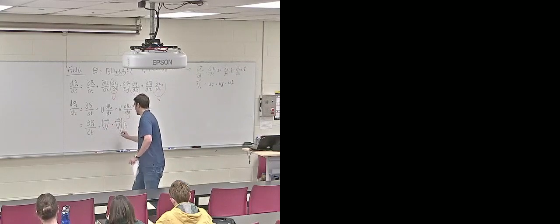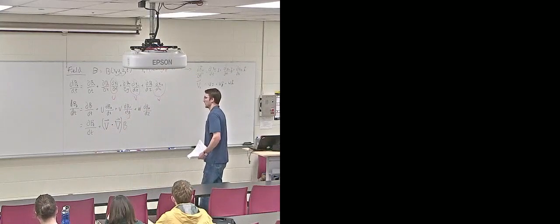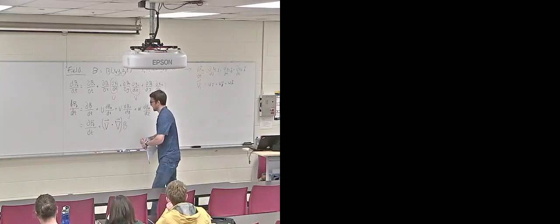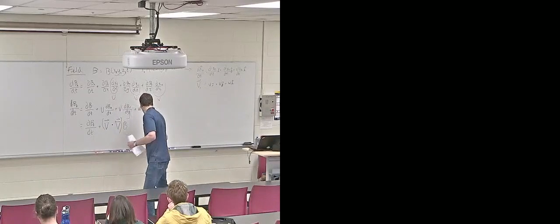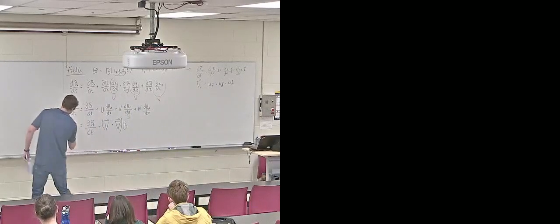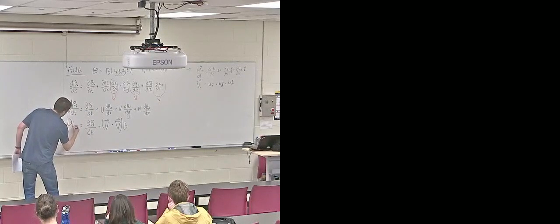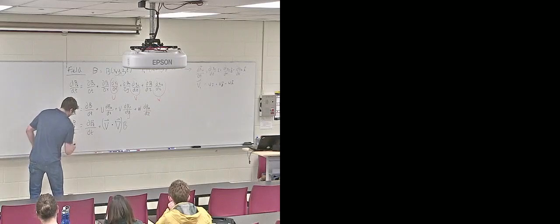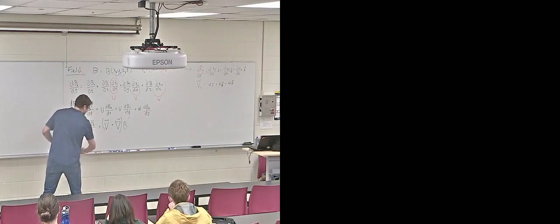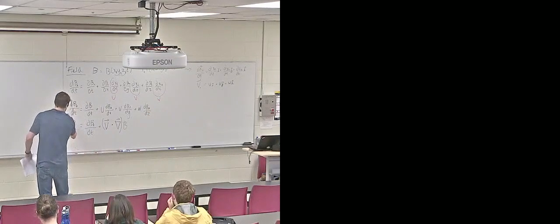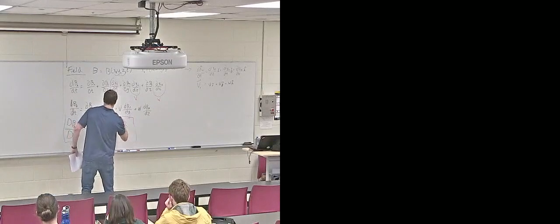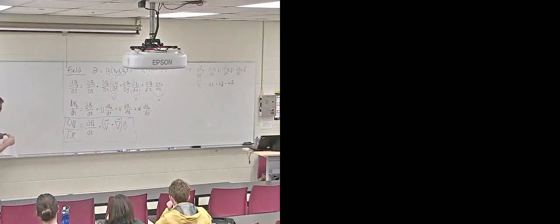Usually we put this in parentheses. And then on the left-hand side, we changed notation a little bit and called this capital D B_A over Dt. So this is the focus of today's lecture, the material derivative.